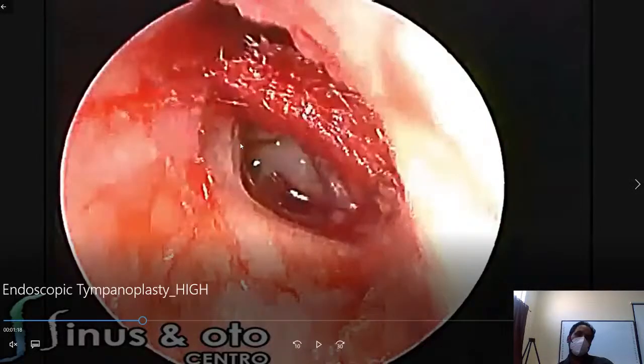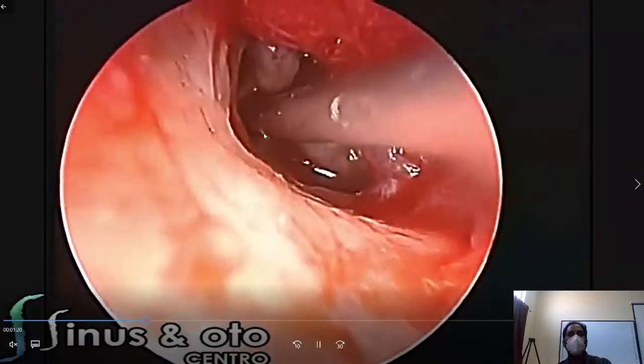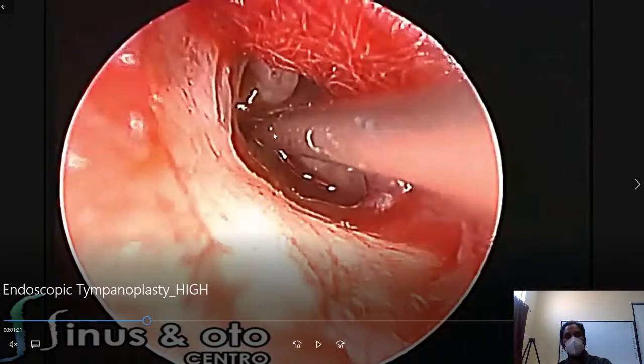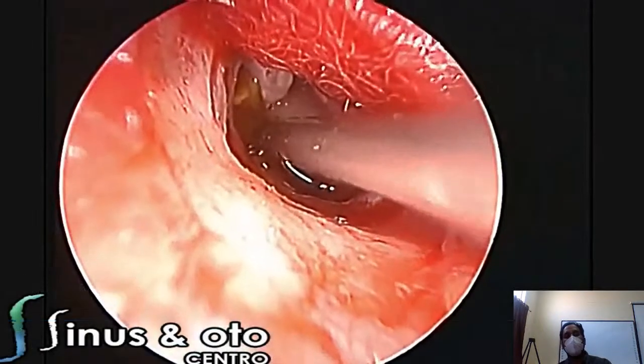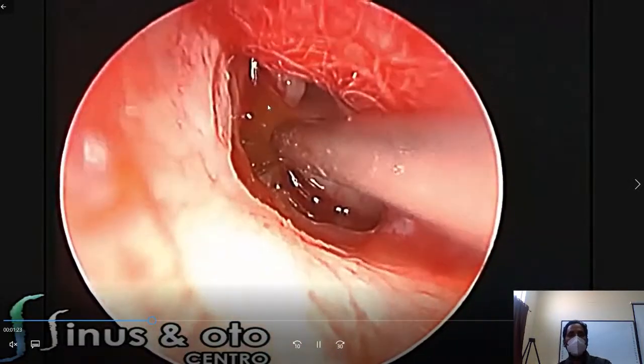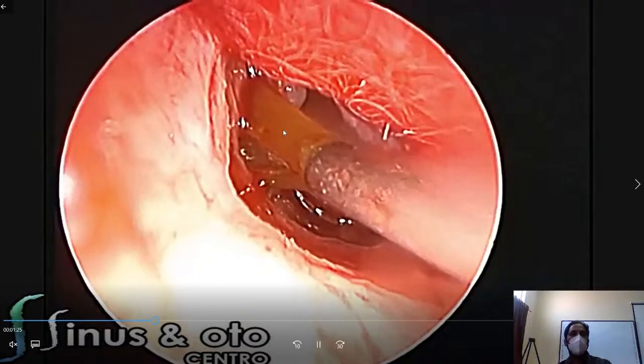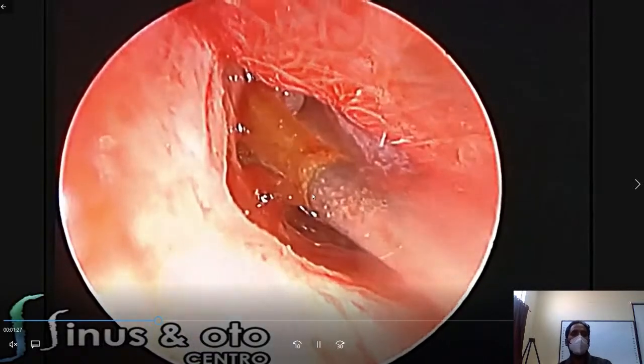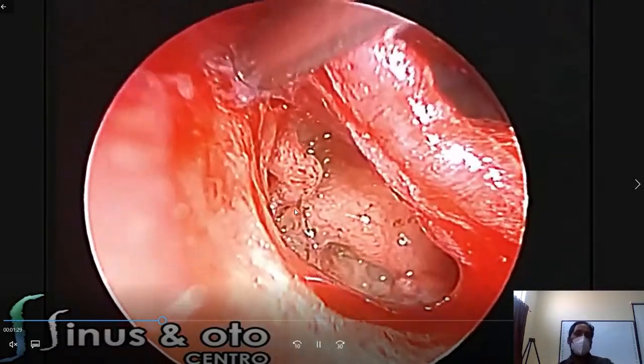And you see this, the handle of malleus. You have to clear all the secretions or any sterile liquid present in the middle ear cavity, so that the middle ear cavity is maintained dry. Anything blocking the eustachian tube or any spaces should be cleared. The disease should be cleared from the middle ear.